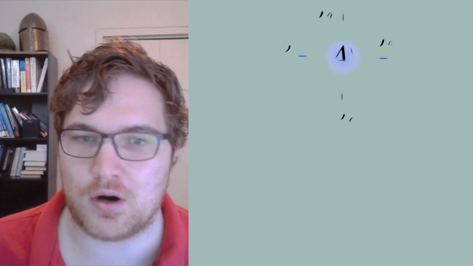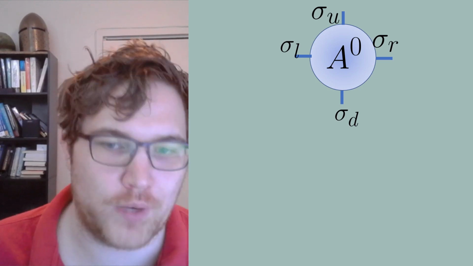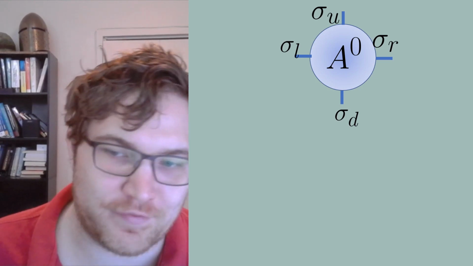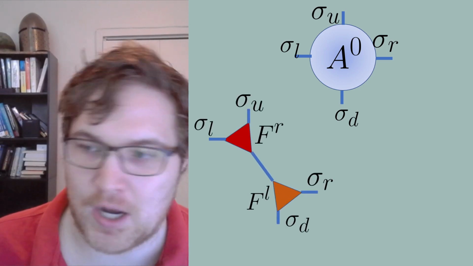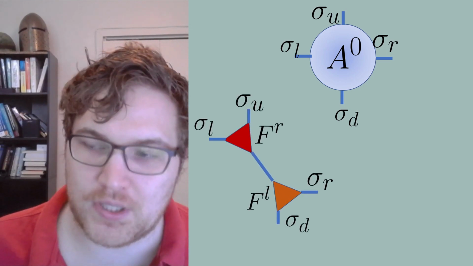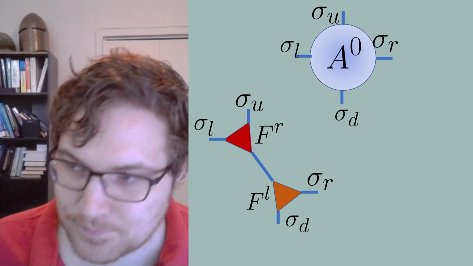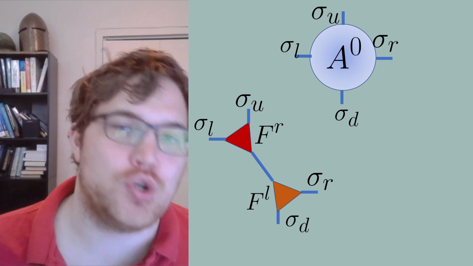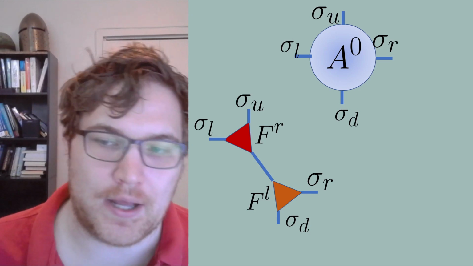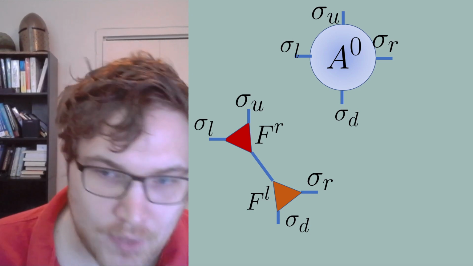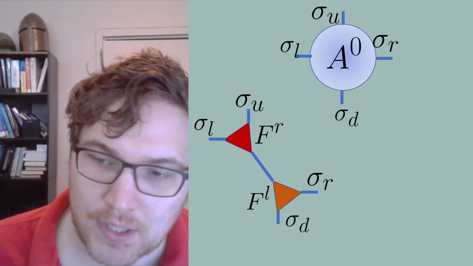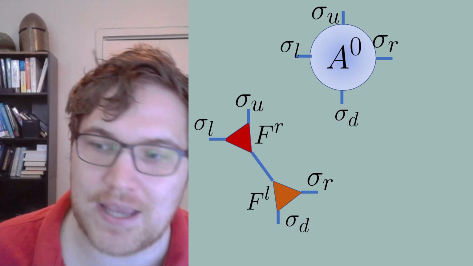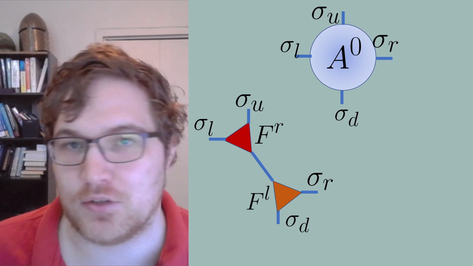The first thing we are going to do is factor our tensor A in two different ways. Pictorially, we represent the factorization in the following way. First, we group the indices up and left, and group the indices R and D. And we factor our tensor into two new tensors that we call FR and FL, where these new tensors are represented by a triangle pictorially, and we have introduced a new inner index to connect them.